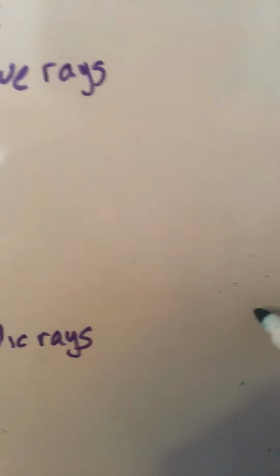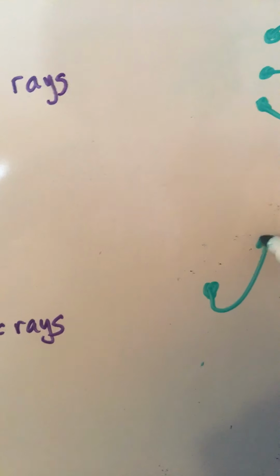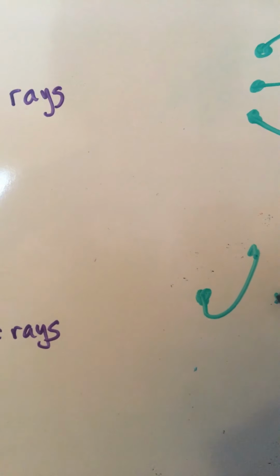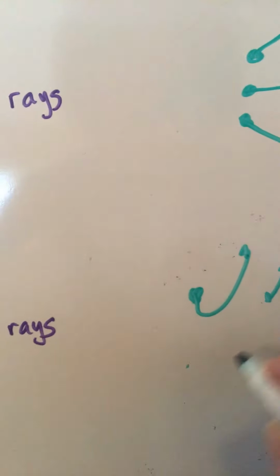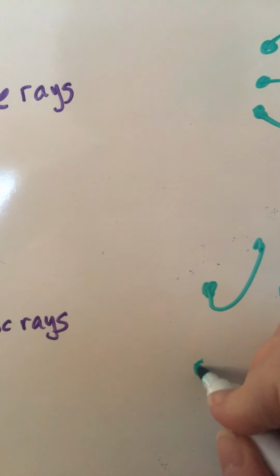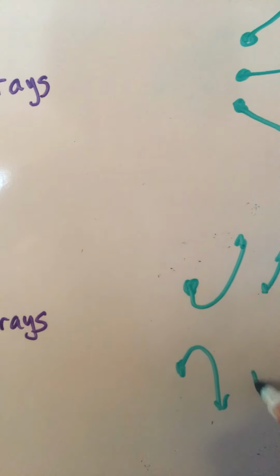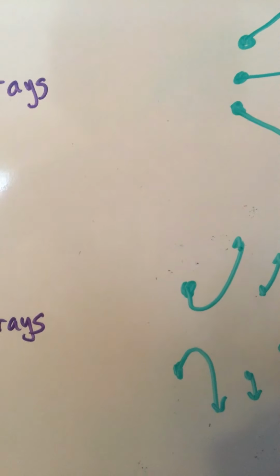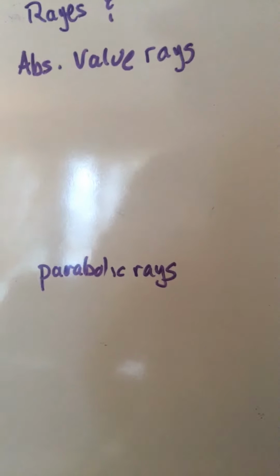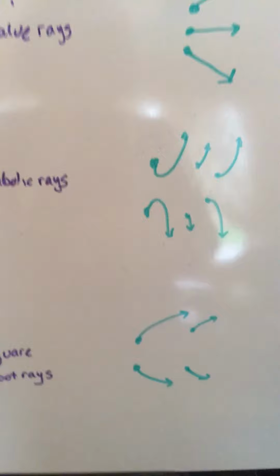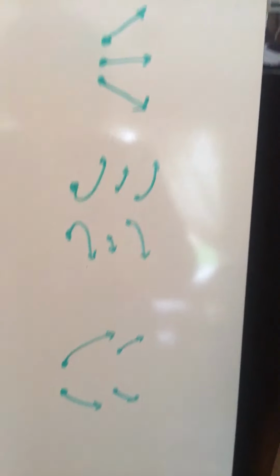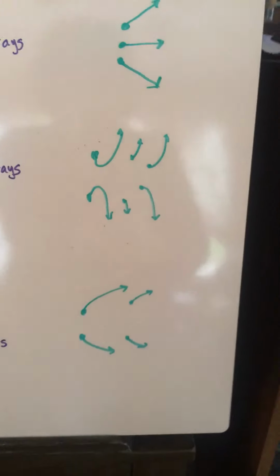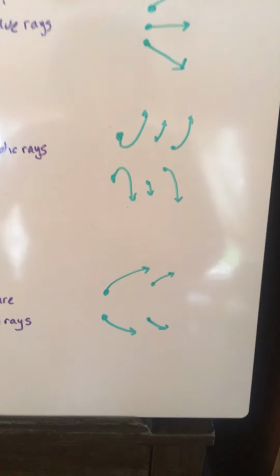And when I open to the right, I can be more than half, less than half, exactly half, or I can be more than half opening down, less than half, exactly half. Okay, I got it fixed. You couldn't see it, sorry. I had trouble holding the phone and doing that at the same time. And then we have our square roots.